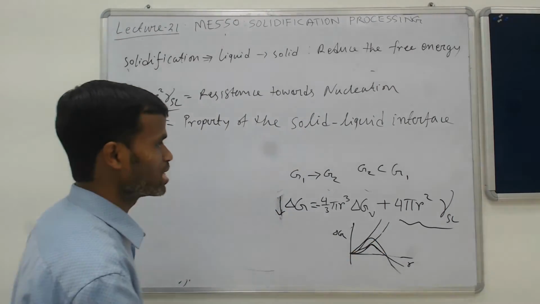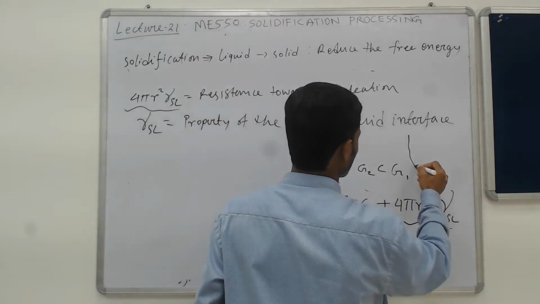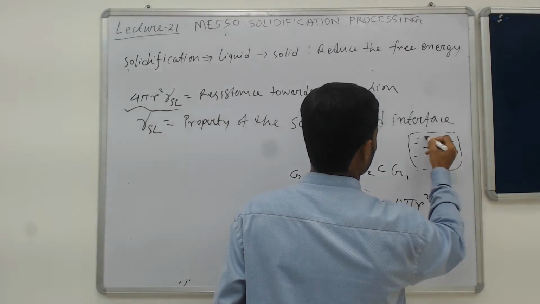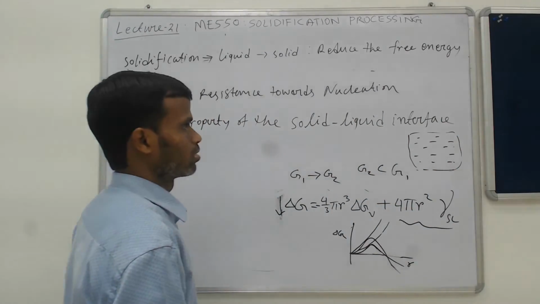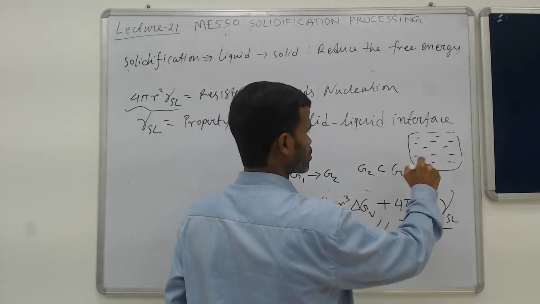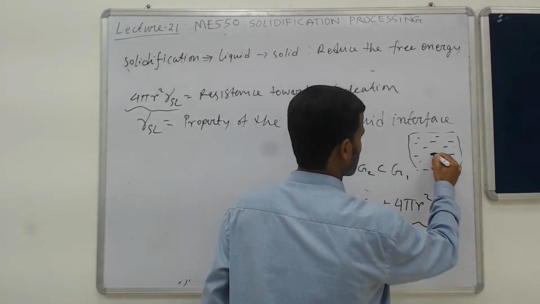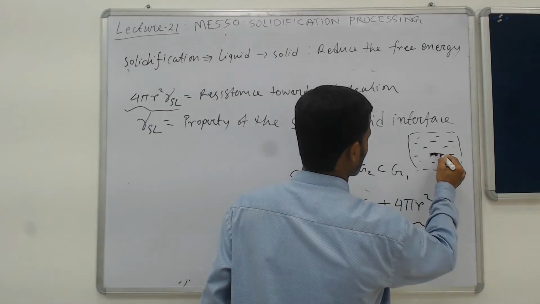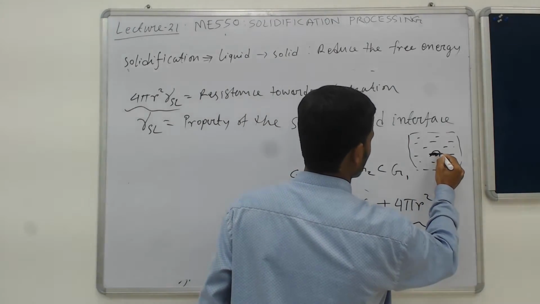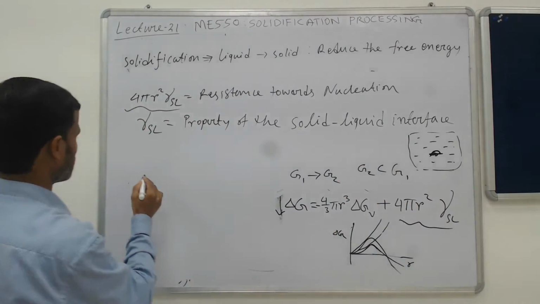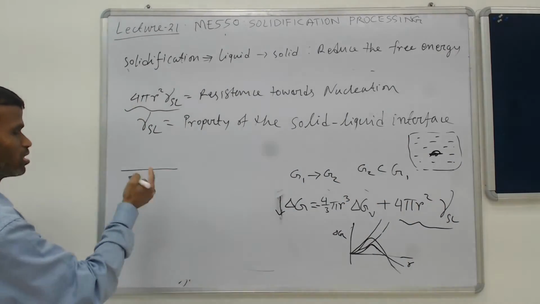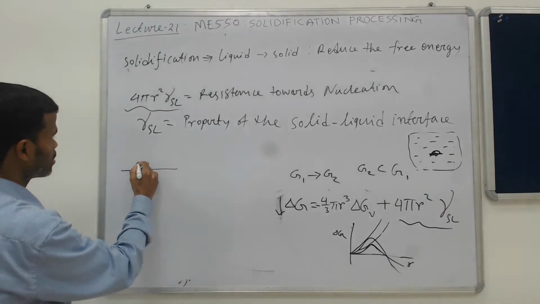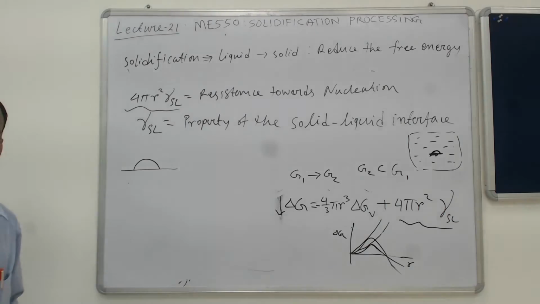This is done by introducing, say if this is the liquid, some surface where the nucleation can occur very easily. So let us draw it here. This is done by introducing some surface which helps in nucleating the solid phase in the liquid.